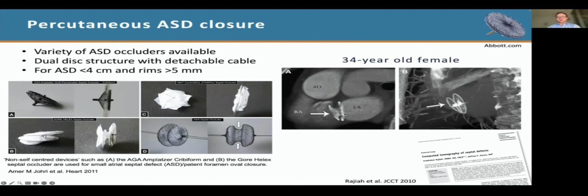You can also see that there is a certain oversizing of the discs relative to the size of the ASD, which is here in the middle. And these are the so-called rims here in the middle, and these are needed to anchor the device and to keep it in place. And here is a nice MIP image of the entire device, again with the 2 discs.